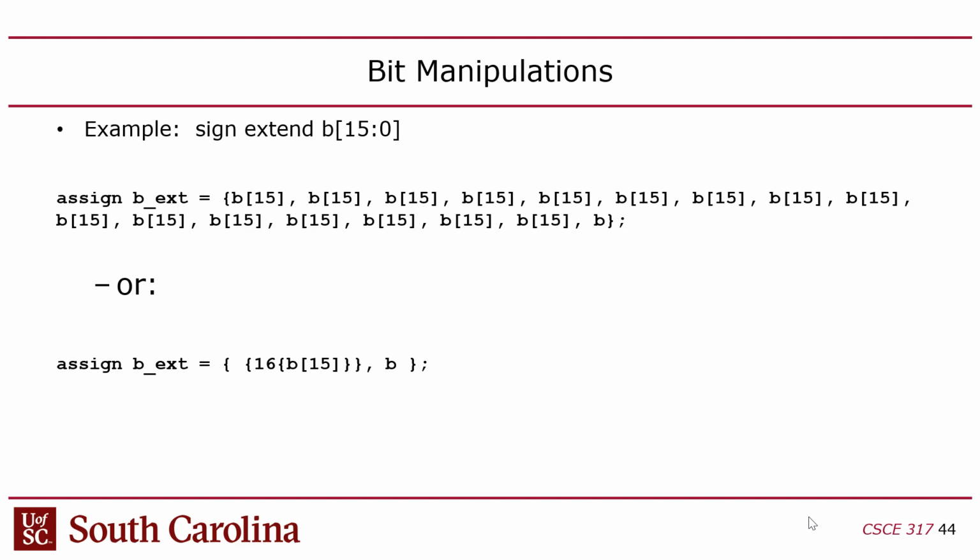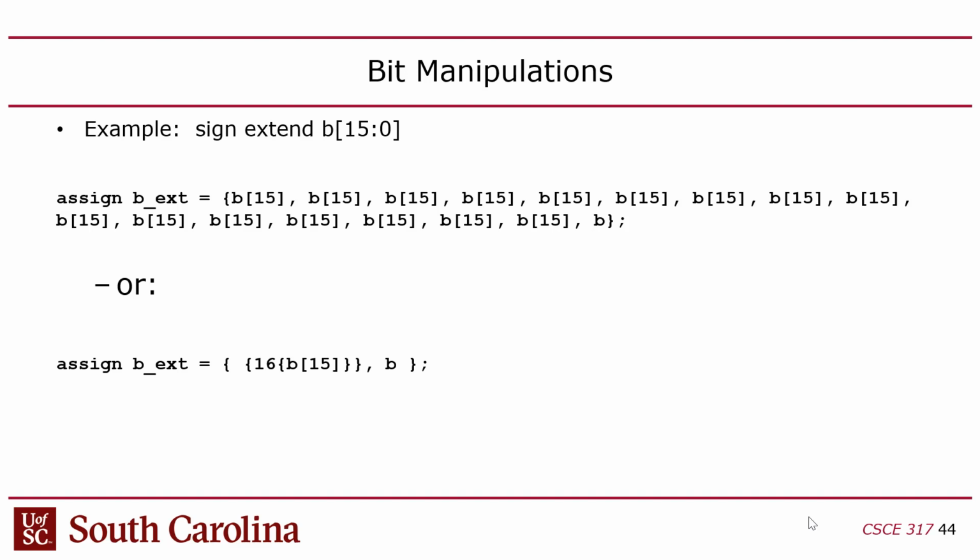Now you might look at that and say, well, that's awful to have to write that. Yeah, there's a simplified way to do that too. This syntax, whenever you have two curly braces nested like this in Verilog, left curly brace, left curly brace, right curly brace, right curly brace, this format is taking the value inside the innermost curly braces and reproducing it by 16 in this case.